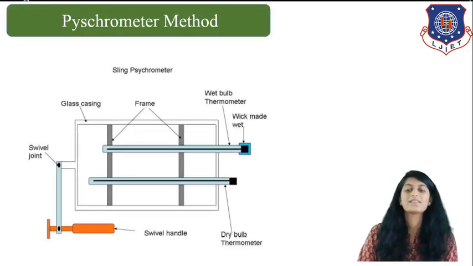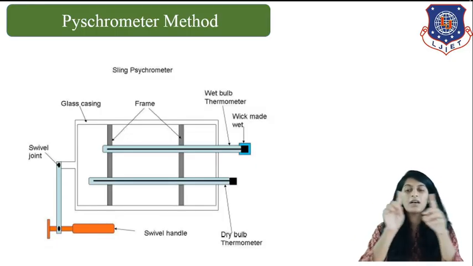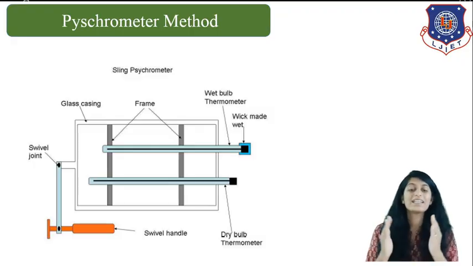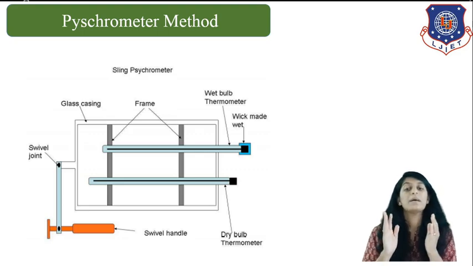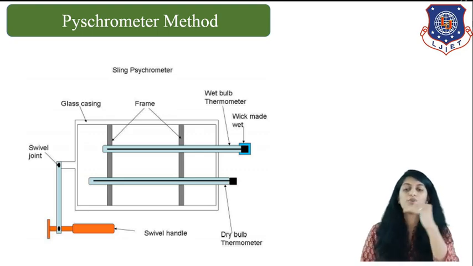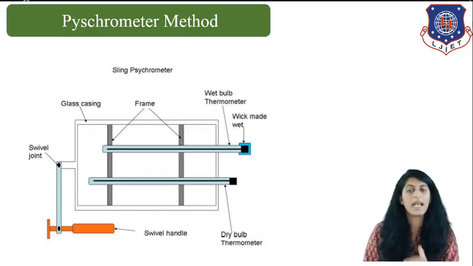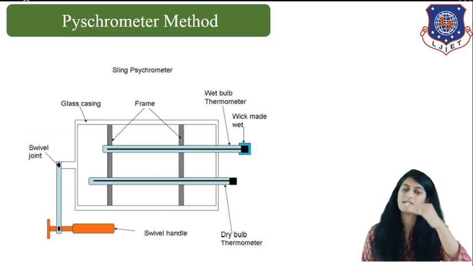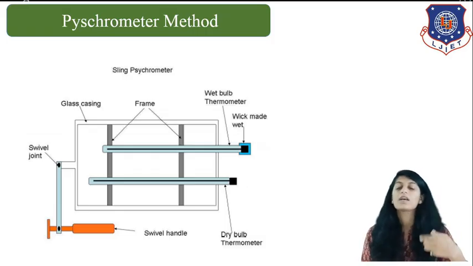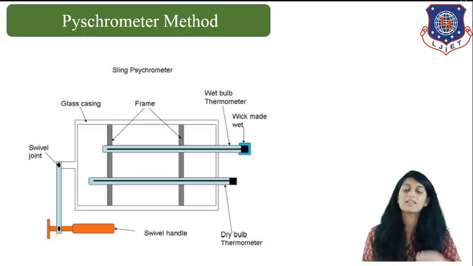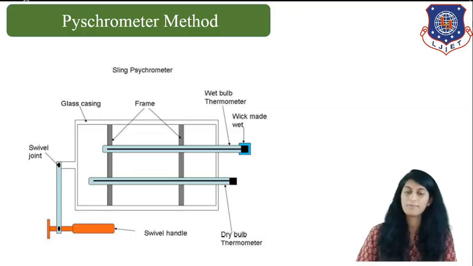As you can see in this picture, there is a glass case. Inside this glass case, we have two frames. The purpose of these frames is to hold both the thermometers, right? One thermometer is a wet bulb thermometer which has a wick covering its bulb, and another thermometer is a dry bulb thermometer.